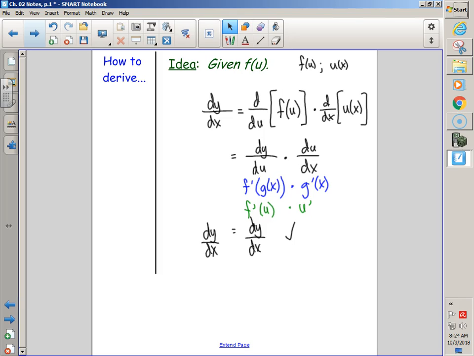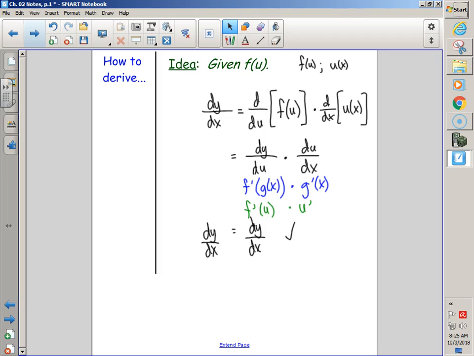You guys just figured out the rule for a really complicated composite function. F prime of g of h times g prime of h times h prime. You could do it if there was 4 or 5 or 10 or 12. You could do it just by peeling off one at a time.